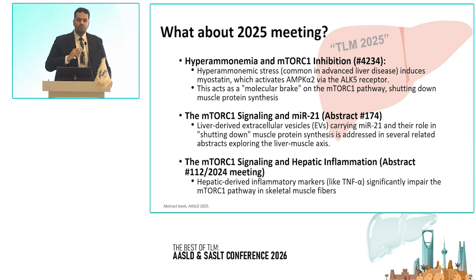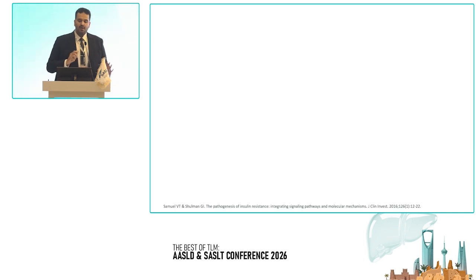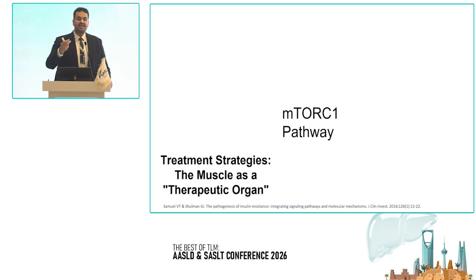The same also was reported with the liver-driven extracellular vesicles containing microRNA 21, and the same was previously described for the tumor necrosis factor alpha. And that's why we are always talking about the mTORC1 pathway when we are addressing a treatment strategy using the muscle as a therapeutic organ. For example, when you encourage the resistance exercise, you are activating the mTORC pathway.